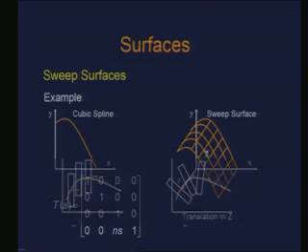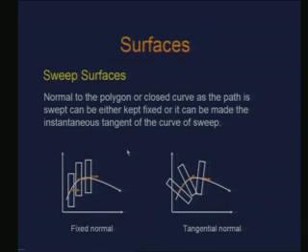Now, when you have these sweep surfaces generated, though we have not really looked at the methods of shading and rendering, there is an issue of what normal you would like to use for the purpose of rendering. So, let us say I have a contour or a polygon which is the contour for generating the sweep surface along a certain path, right.